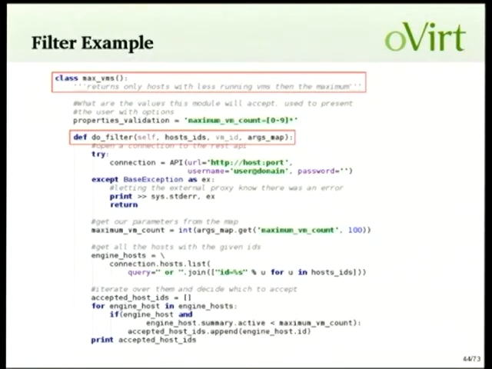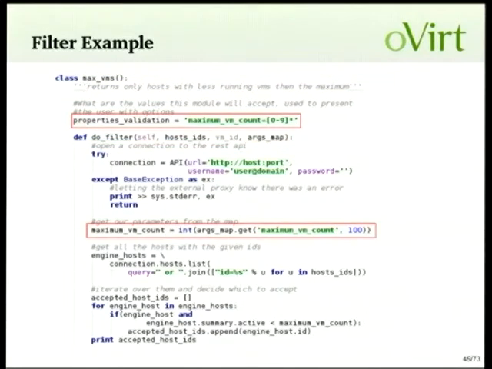So in this case, the doFilter method accepts the host IDs, just a list of the hosts that it needs to filter, and the VM ID that we need to run, and the custom arguments map that can also be sent from the engine as we've seen, like custom properties for the filter.